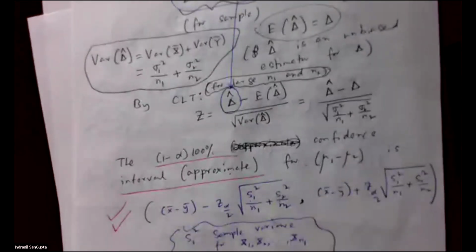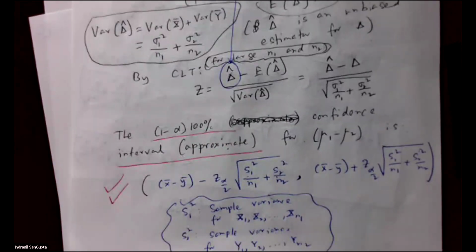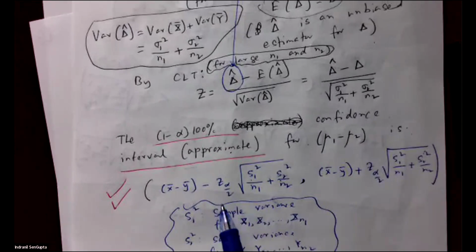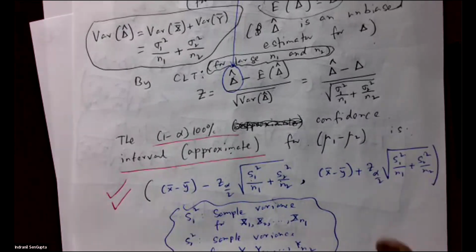We have done some special cases, and by special cases, I mean the cases when X and Y are normal. But in general, whenever we don't know anything about the distribution, this interval is approximate. How to make it concrete?